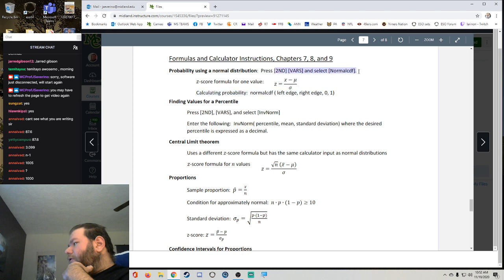Now the instructions I've given you here are for the 83 specifically, 83 and 84. But this is specifically the 83. So I may edit this a bit and create one for the 36s also.